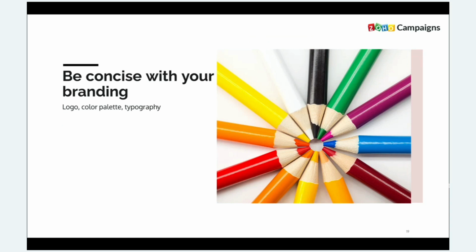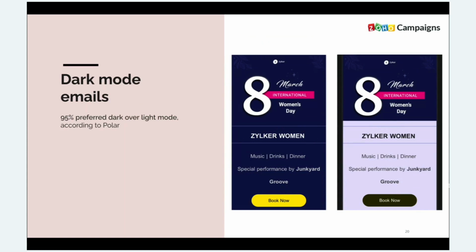All of this helps you bring in a connection, and this connection is required in order to interact with your recipients. And of course, dark mode on computers and on mobile phones is a trend right now. So make sure that your email template can also change color based on the device mode.